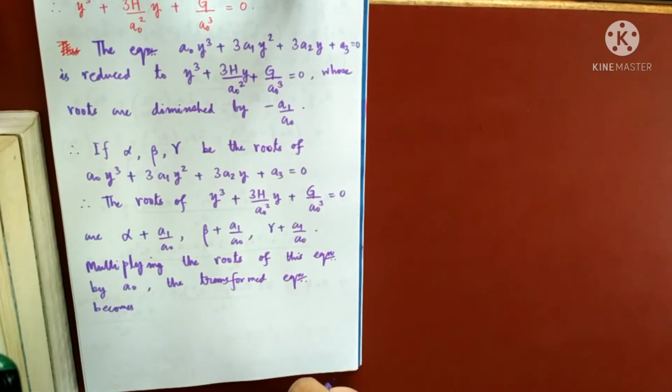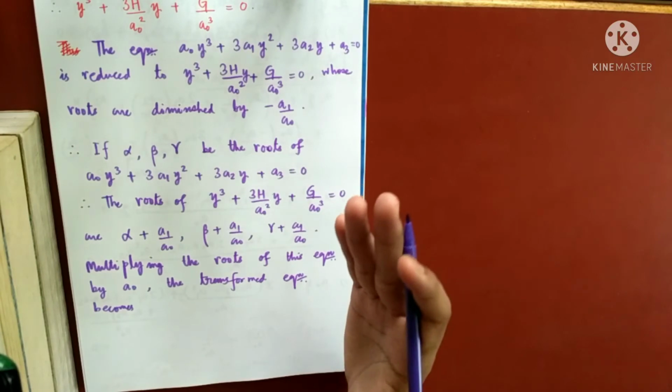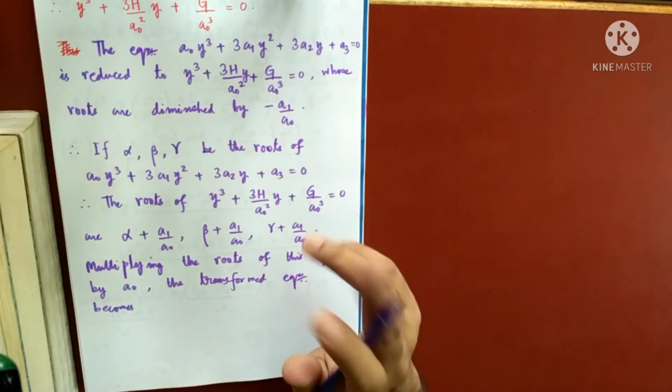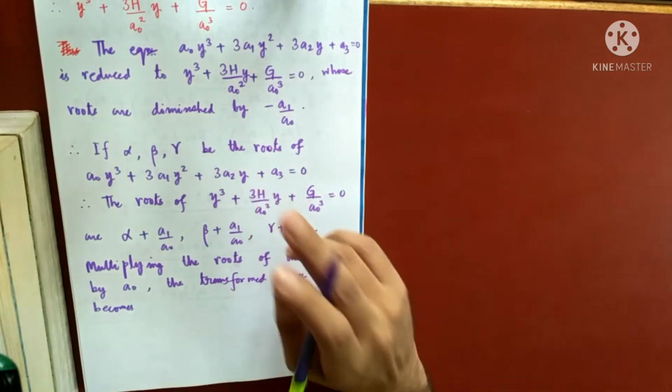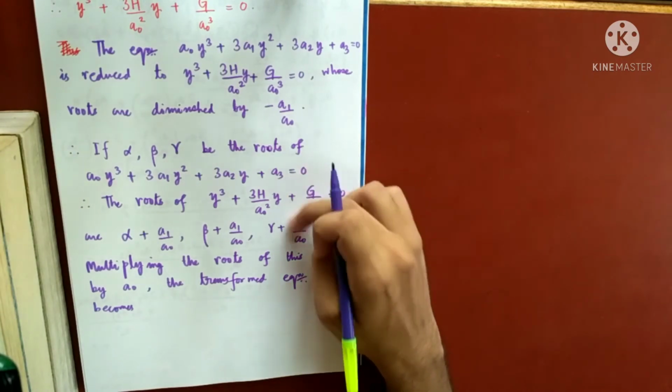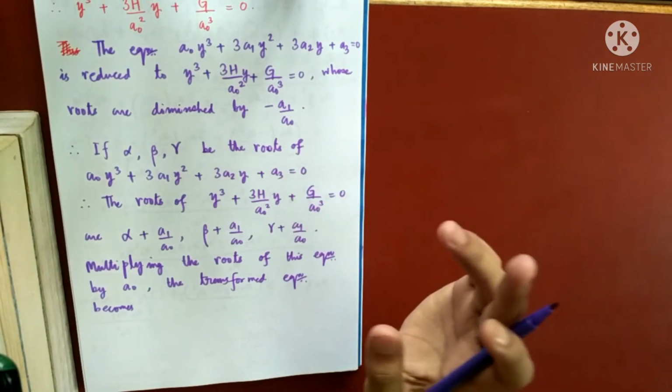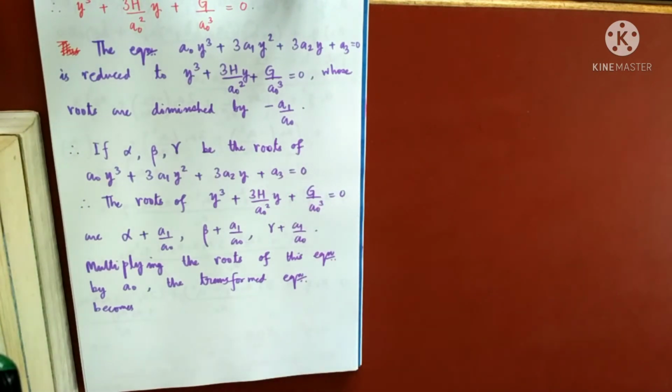The term containing y square, the next one in the list, will be multiplied by a naught. The third one will be multiplied by a naught square, and the fourth one by a naught cube. So this is the rule: you have to successively multiply the coefficients by 1, a naught, a naught square, a naught cube, and so on.